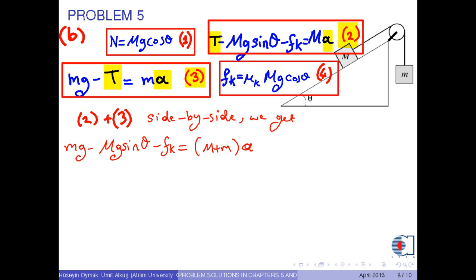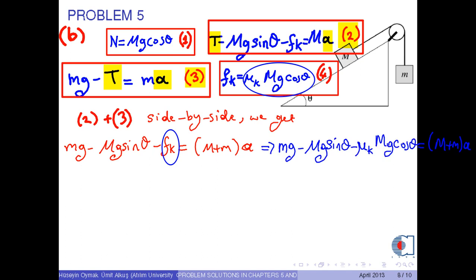Put the value of Fk in equation 4 into here to obtain small m times g minus capital M times g times sine theta minus mu k times capital M times g times cosine theta, which is equal to capital M plus small m times a.